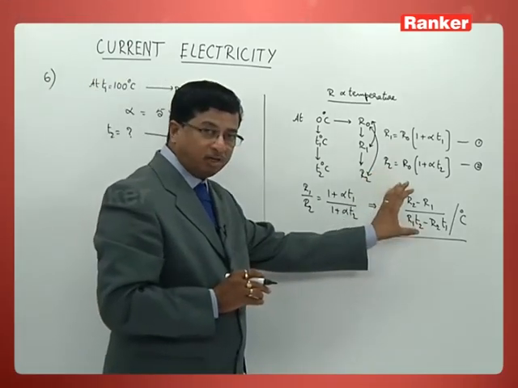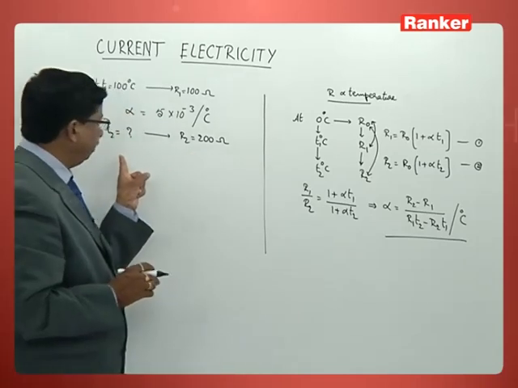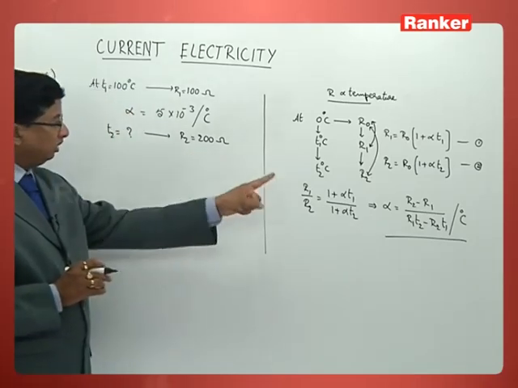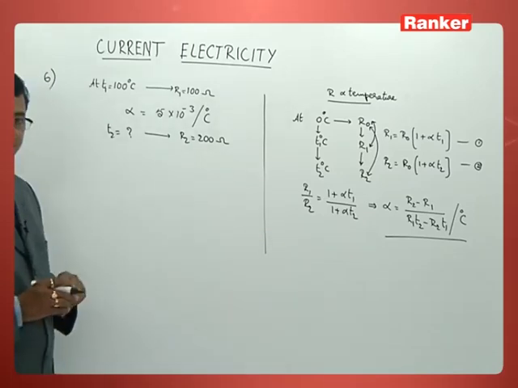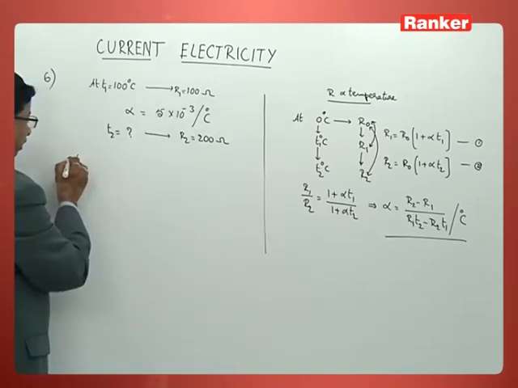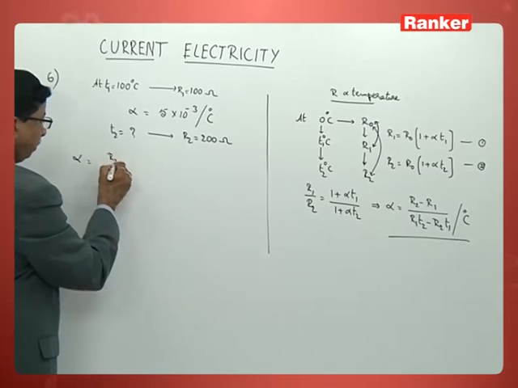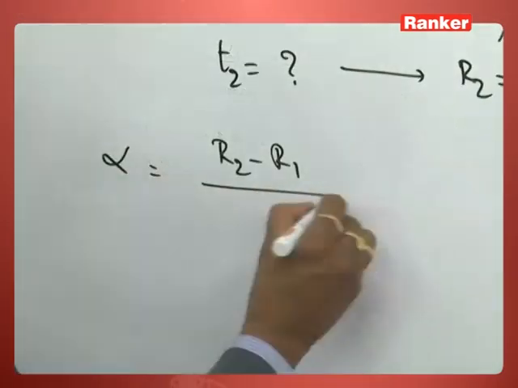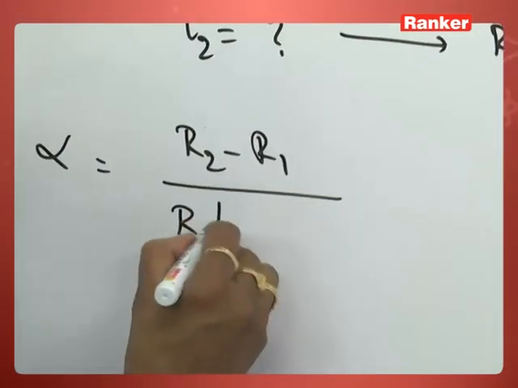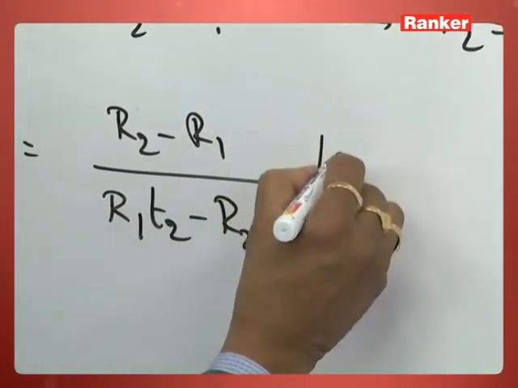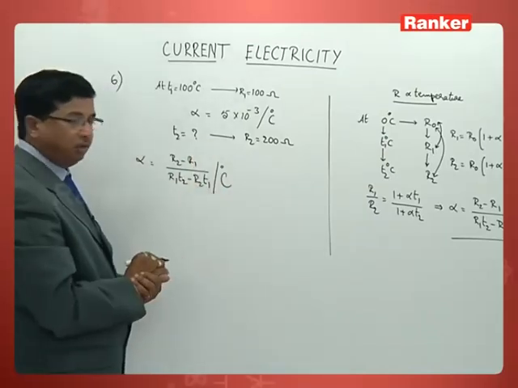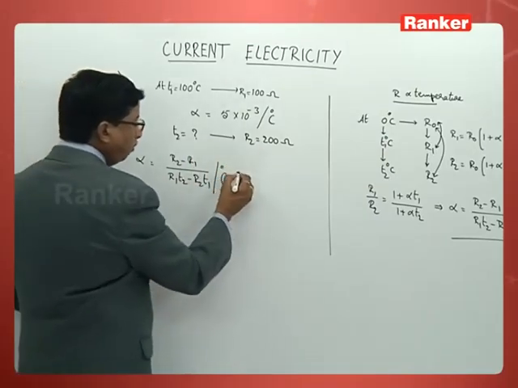Same formula we have to apply here. That is the equation actually to be remembered for such models. Now what is alpha here? R2 minus R1 by R1 T2 minus R2 T1 per degree centigrade. Now what is R2, you know?